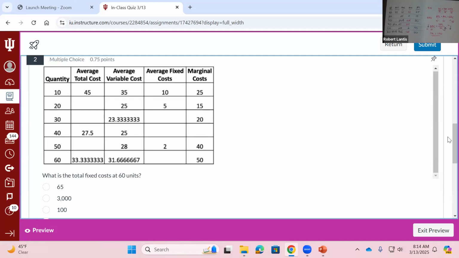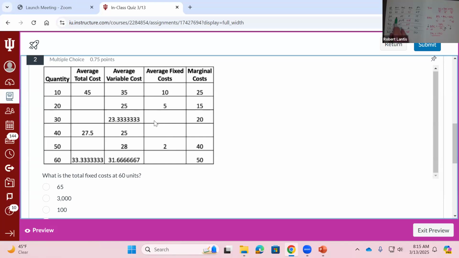If I come up with these values for that average fixed cost column and they're ever not lower as I go down, I made a math mistake somewhere, right? My average fixed costs have to be decreasing because I'm taking the same fixed cost and I'm just spreading it out over more units. It's somewhat related to the idea that as we scale up my production, we have economies of scale. Well, not quite, but that's close to the idea.